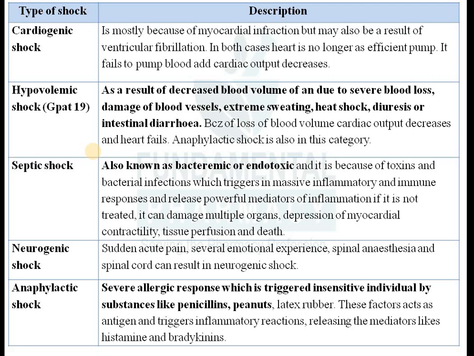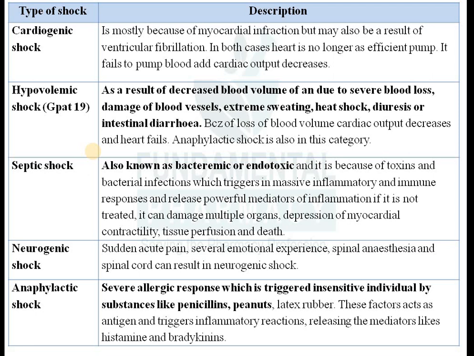Then diuresis: if you are suffering from diuresis, with a lot of urination, again you are decreasing the volume of blood. So all these are reasons to decrease the blood volume, and the shock due to this is nothing but hypovolemic shock.